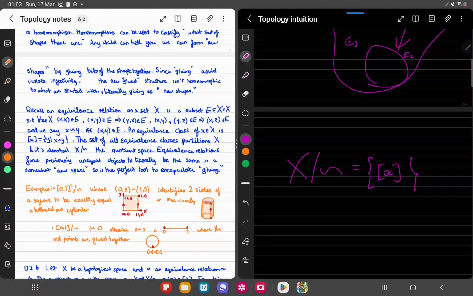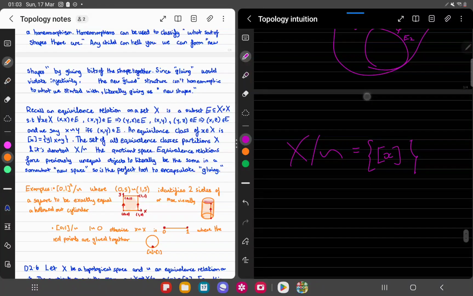But what's really nice about an equivalence relation is that previously unequal objects are forced to literally be the same object in a new space, at least in this new space. We call this the quotient space. So it actually does give you the same idea of gluing things together.